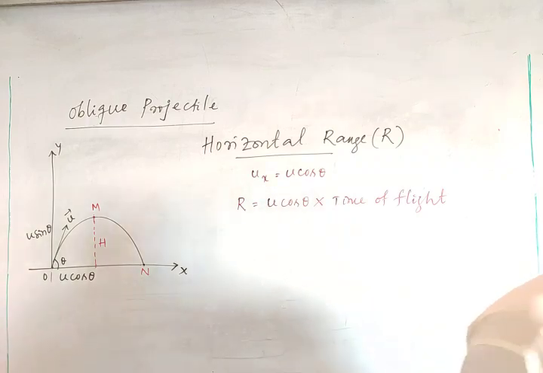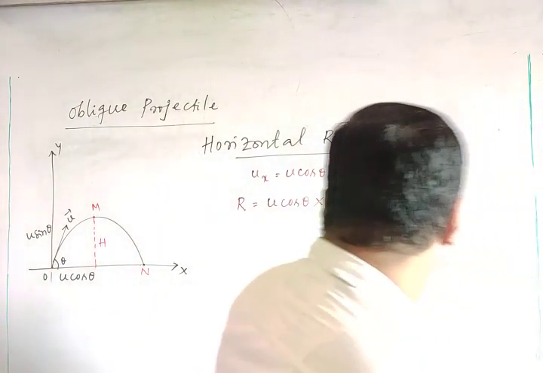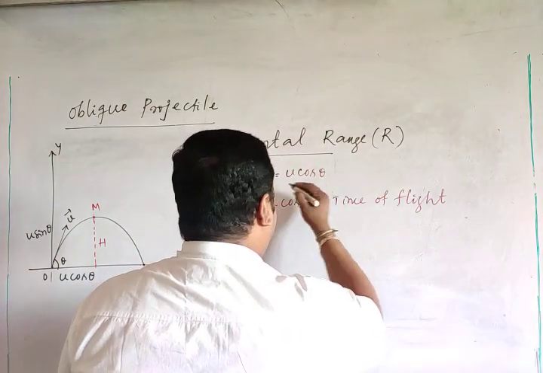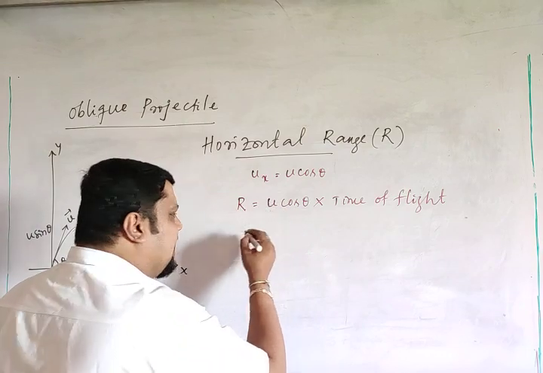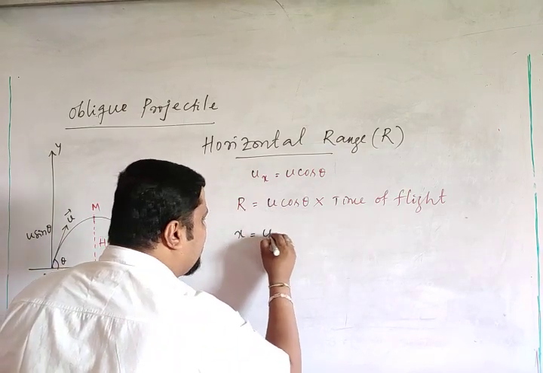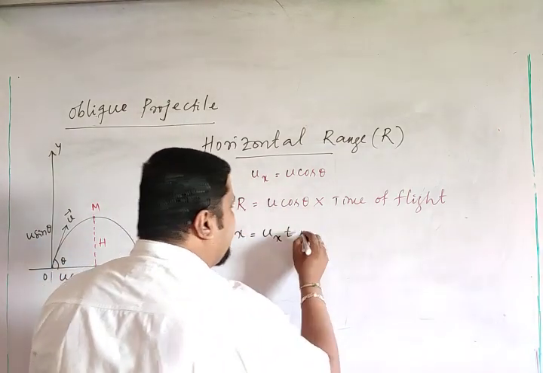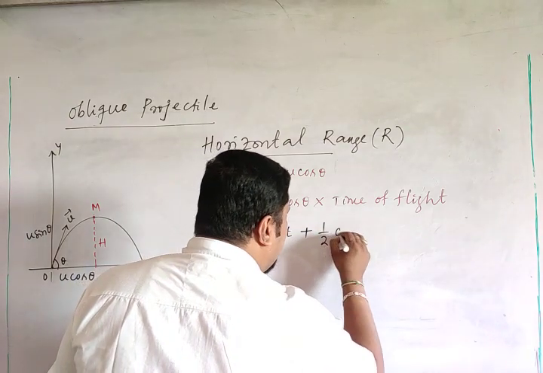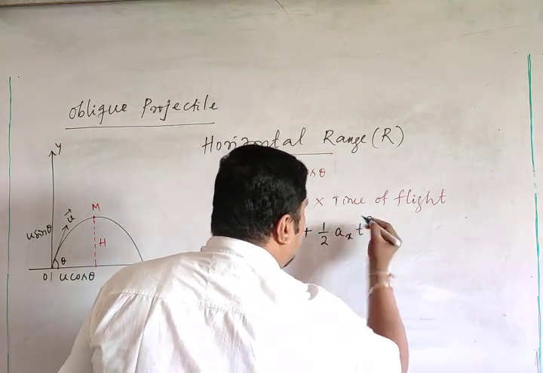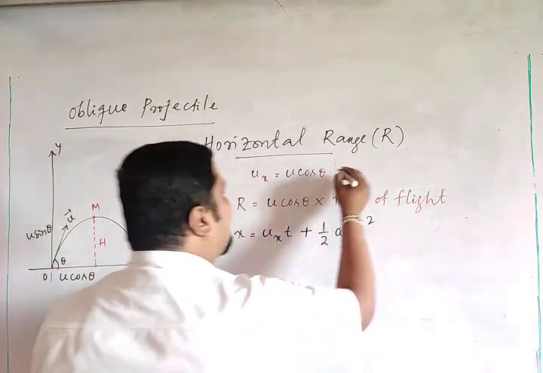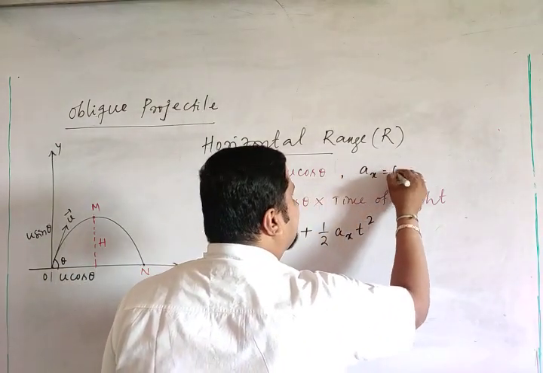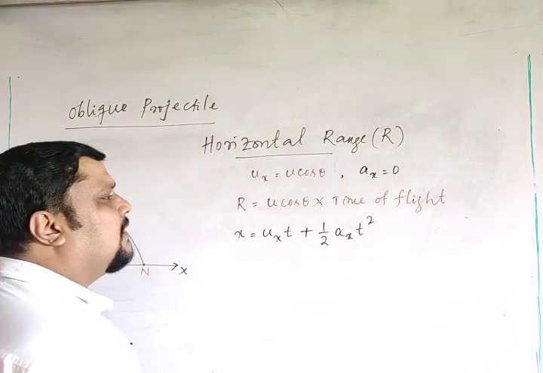Why? Because ux is equal to u cos theta. From where did we get this? As x is equal to ux t plus half ax t square, and we already know that the motion is uniform, so ax is equal to 0.